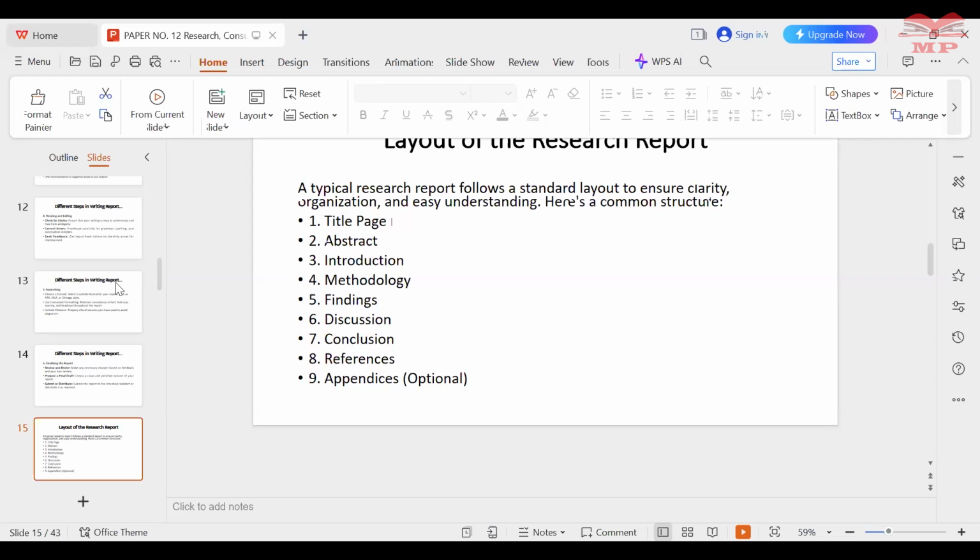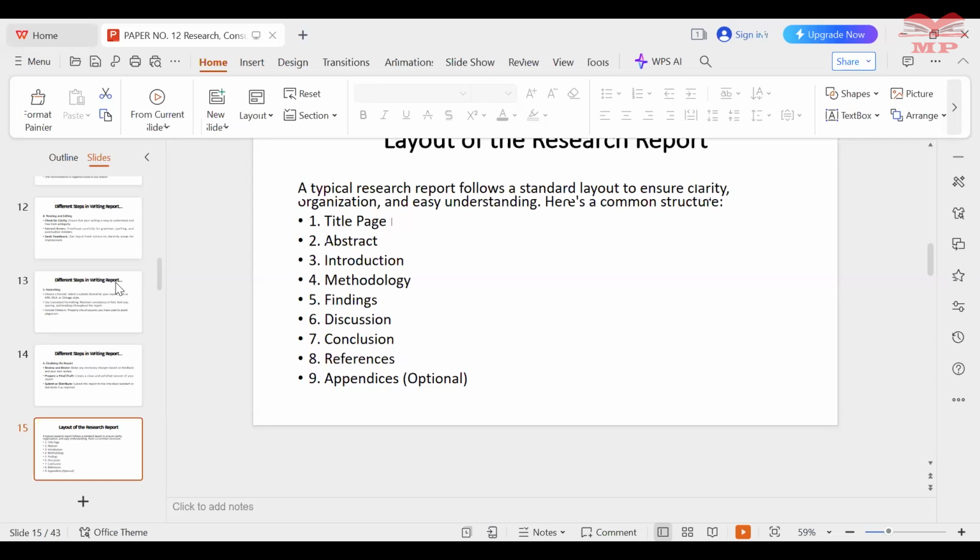And when you have these nine aspects, it should be noted that different organizations may have different terminologies that could be used, and the structure in relation to each of these could also be different, where some could be combined, some could have other names, but generally the outline of a research report typically takes this common structure, where in the first instance there will be a title page, then number two, an abstract, number three, an introduction, number four, the methodology adopted, number five, findings, number six, discussion, number seven, conclusion, number eight, references, number nine, appendices, which might be optional.